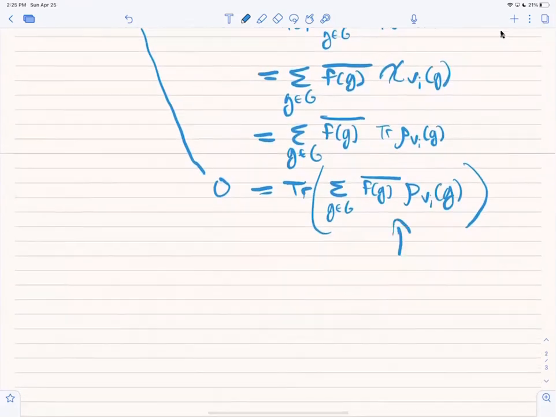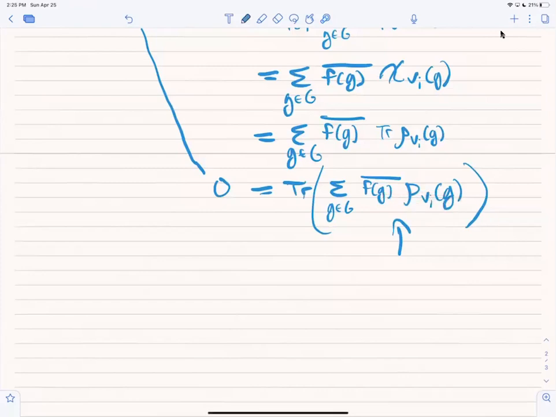This is a sum of linear transformations. Each of these rho v_i of g is in GL(V), but when I add up invertible matrices, they might not be invertible anymore.